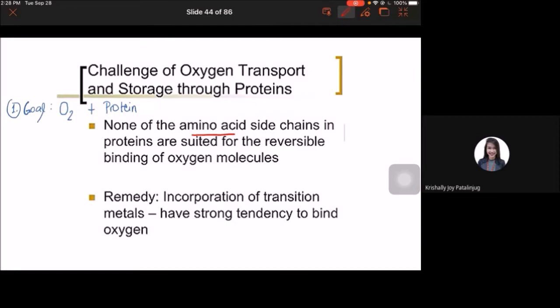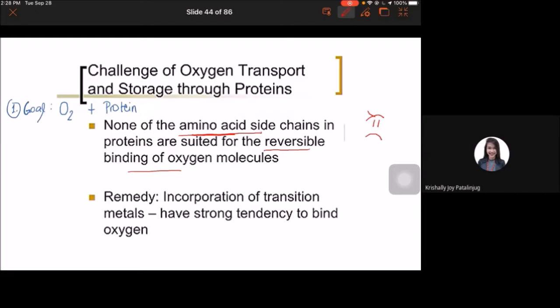Now, there is a problem with regards to protein. The problem is that none of the standard amino acids is capable of reversible binding to oxygen molecule.